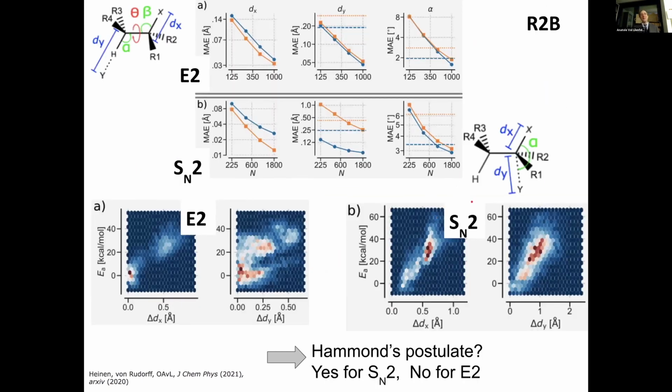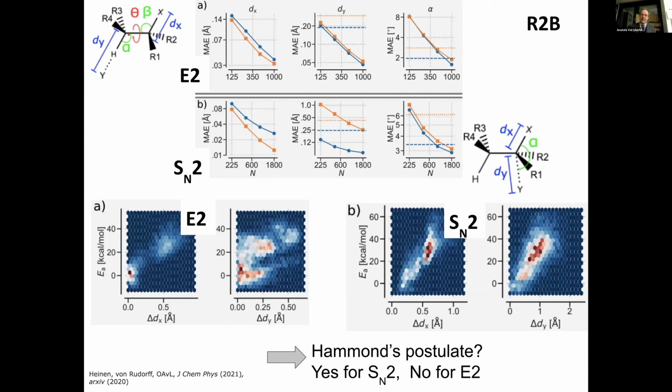We also tested the Hammond postulate, as I said. The way we did this was to plot this distortion in the Y atom and the distortion in the X atom for E2, and similarly for SN2 in X and Y on the same carbon atom, right? So we plot once for dx and once for dy the activation energy. And you see that in SN2, there's a nice correlation with both degrees of freedom, but in E2, the dy, so this dimension here, is poorly correlating.